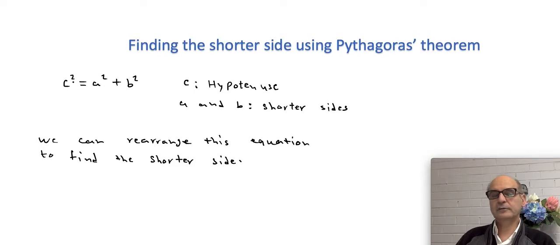C is the hypotenuse, and it gives you the value of c squared, which you can square root and find c. But we are interested in finding the shorter side, either a or b.